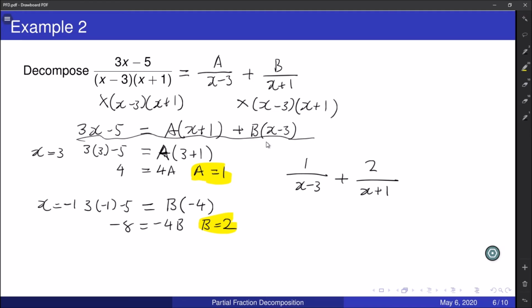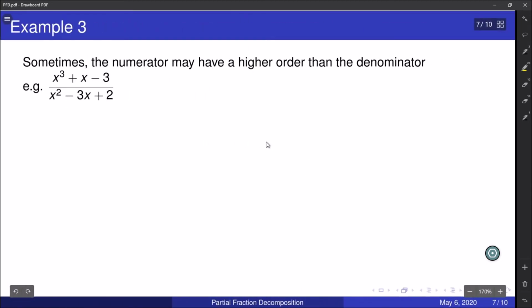Things can get slightly more complicated when the numerator may have a higher order than the denominator. So in this case, obviously order 3, order 2, so we can't decompose it directly.